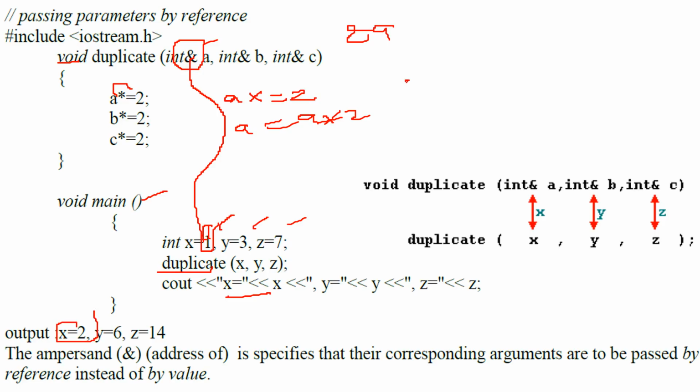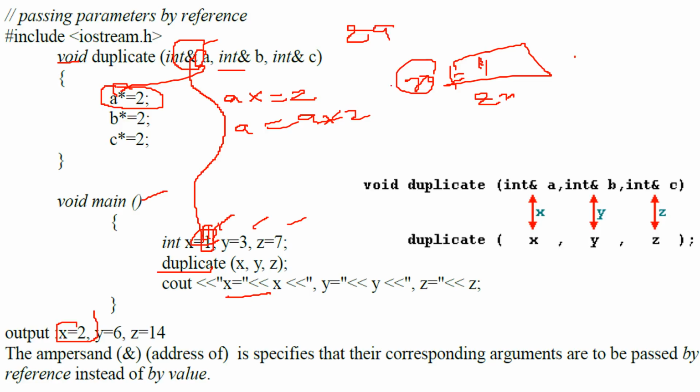X will be 2. Actually x was like this: x has a position, and 1 was there. Now you pass the reference of x, that is ampersand x. A is a reference, so actually A and x can be referred to by the same name. When you pass 1 or 3 or 7, you have a location here and 1 is there, and you are multiplying x with 2.